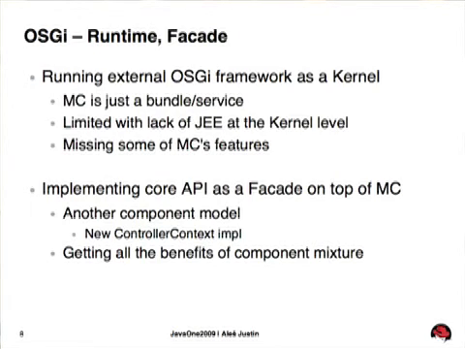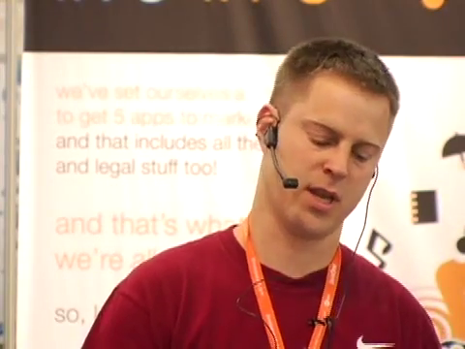It means it's going to be a new control context implementation. And by this, you're going to get all the benefits of the existing component mixture. It means that any EJBs, any MC POJOs, any MBeans will be able to declare themselves, or pretend themselves, to be an OSGI service.